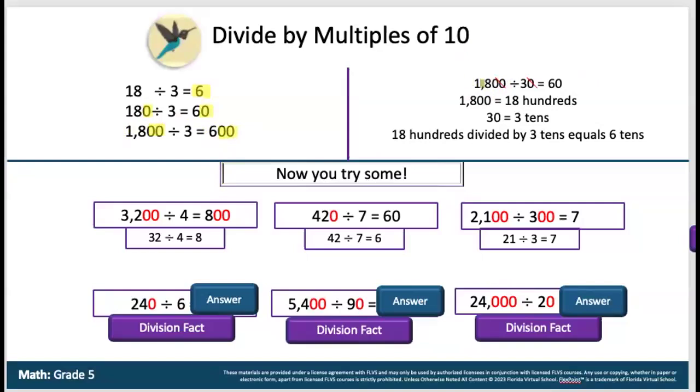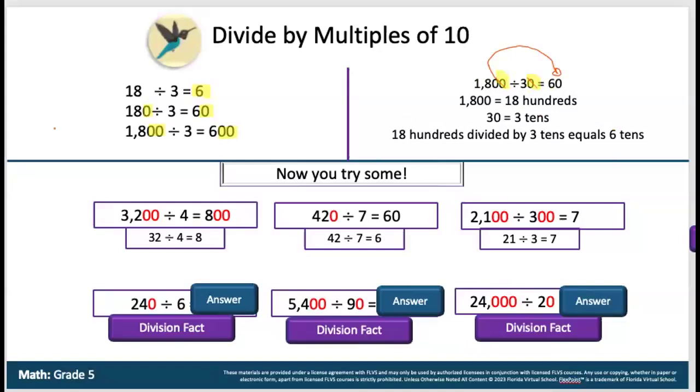If I'm doing 1,800 divided by 30, 30 has 1 0, so I can cross it off, which means I can cross it off here. So I'm really doing 180 divided by 3, or I can do 18 divided by 3 to get 6 and just put that 0 place value holder on the end to get that 60.